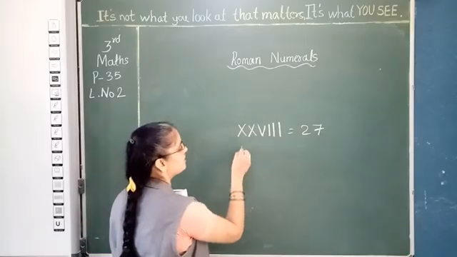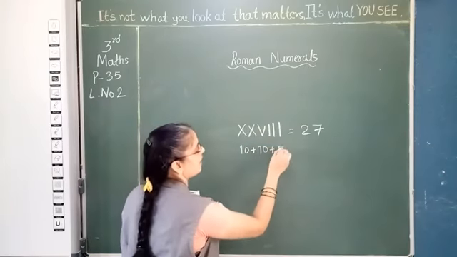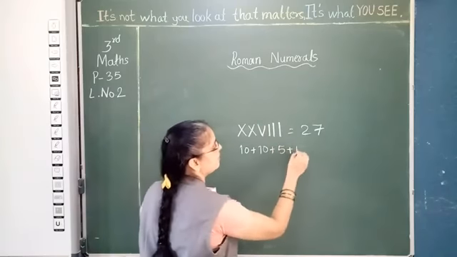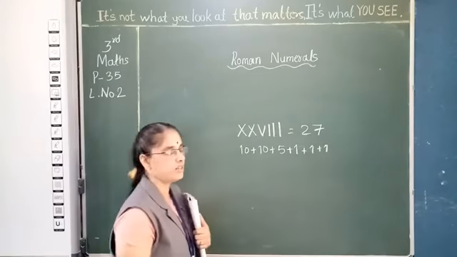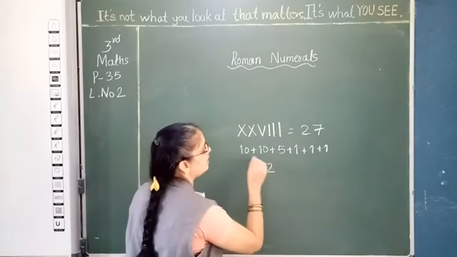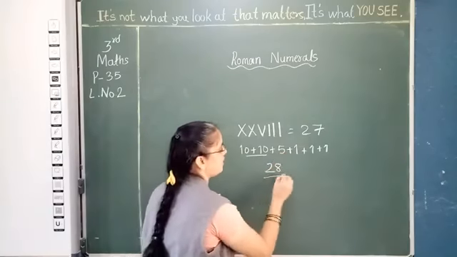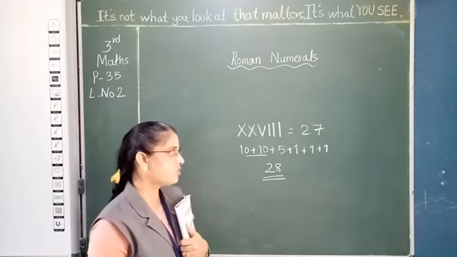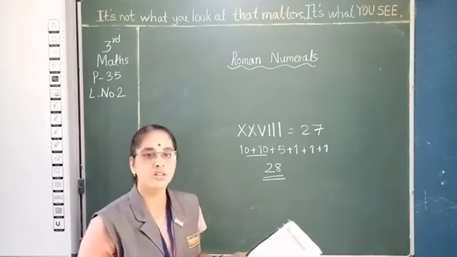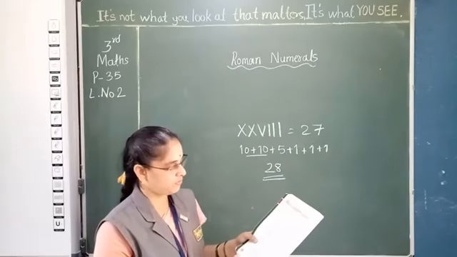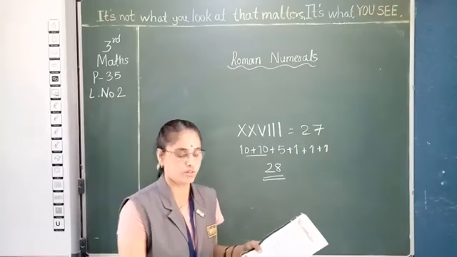See, what is the value of this X? 10 plus 10, V is 5. How many times? 1 plus 1 plus 1. What is the number? It's 20 plus 5, 25, and plus this, 28. So whether it is correct or wrong? Yes, it's wrong. So students, like this you are going to find out the answer and write down whether that statement is true or false.